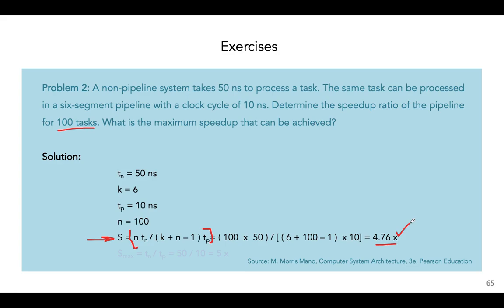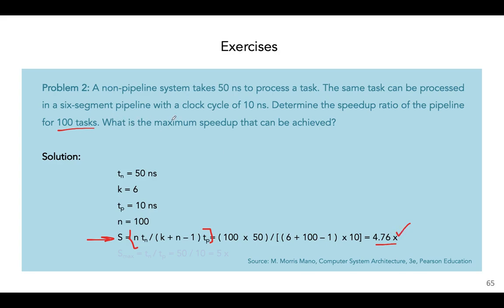This symbol represents time, so you must be aware of this, right? So 4.76 times. What this means is the speed up ratio that we obtain if we chose to go with the pipeline system would be 4.76 times. That is, your pipeline system is 4.76 times faster than your non-pipeline system. That is what this explains.